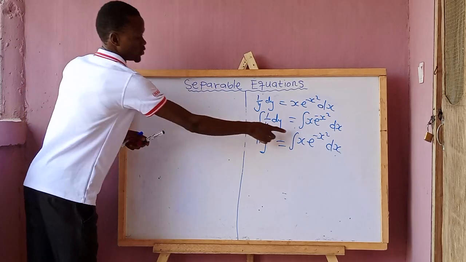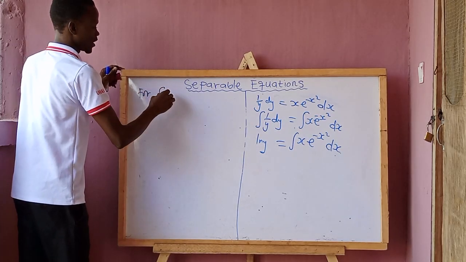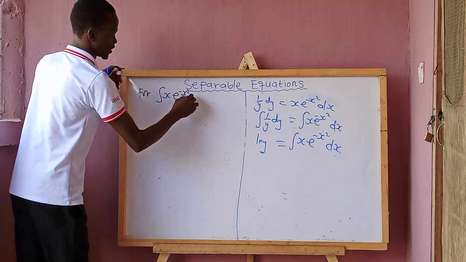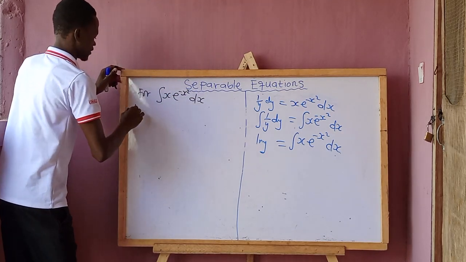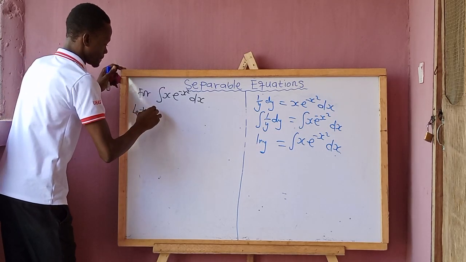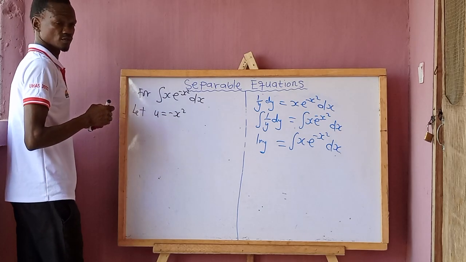So suppose, for the integral of x e raised to the power negative x squared dx, we let u be equal to negative x squared. That is by substitution.